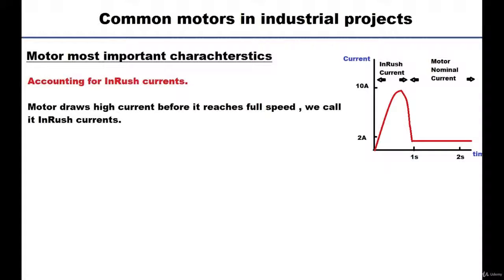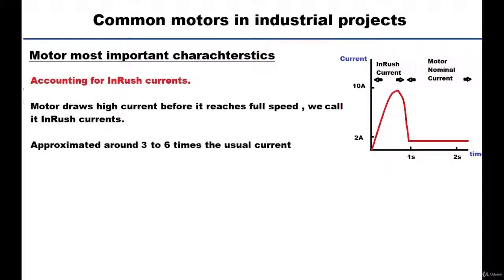And we can approximate this inrush current to be between 3 to 6 times the nominal current your motor is usually going to draw. This current is going to last for a few seconds or a few milliseconds. It depends on the type of the motor, and also on how large your motor is.